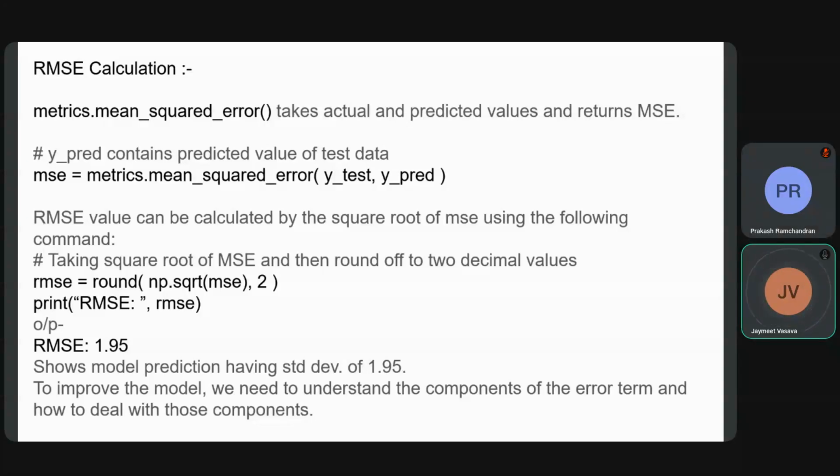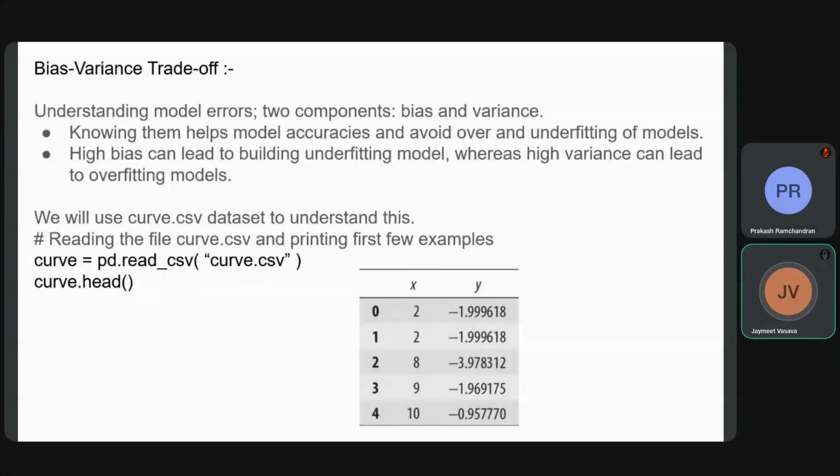To improve the model, we need to understand the components of the error term and how to deal with those components. Statistically speaking, we are already predicting the values, randomly initializing the values of bias.